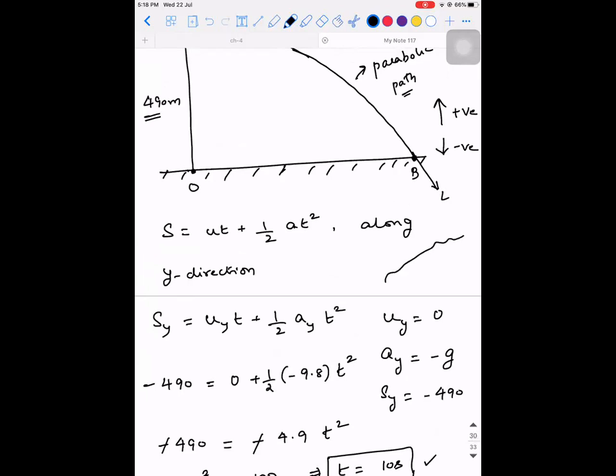I'm drawing some random shape. For any curvature, if you need to measure the velocity of a particle, it is always tangential to the surface. Are you able to understand? So for any kind of curvature, the velocity is always tangential to the surface. So at this point, when it is hitting the ground, its velocity will be like this.